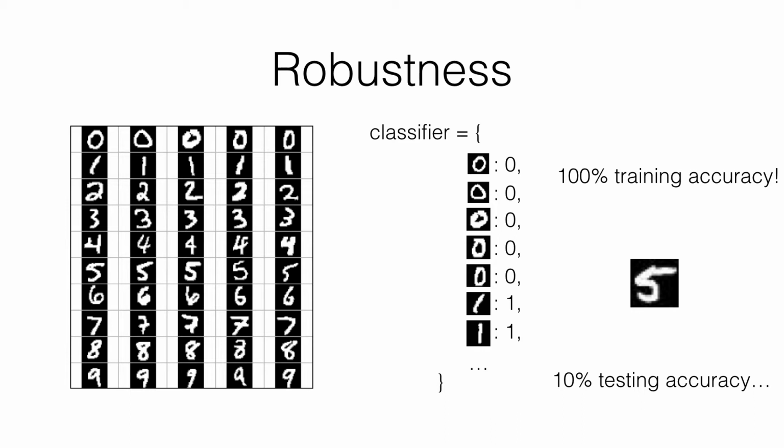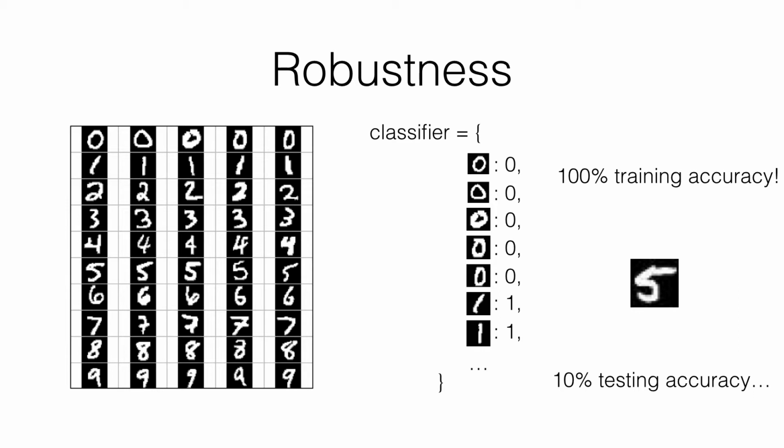What's happening is that we're overfitting. We're memorizing the data set that we were training on, and we've come up with a very highly complicated model that only knows about the very specific examples that we got.